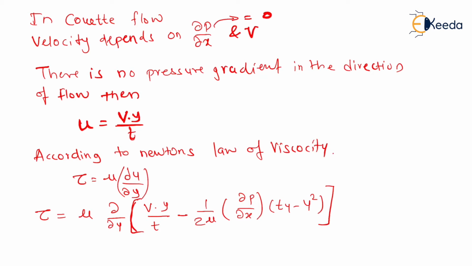After simplification, we can have tau equal to mu into the derivative of y with respect to dy, which becomes 1. The t into y term becomes t and y square becomes 2y.